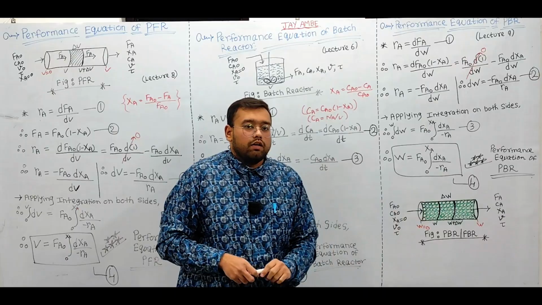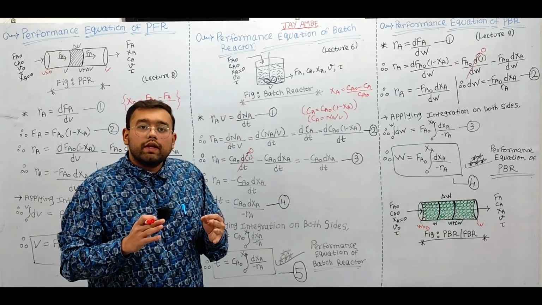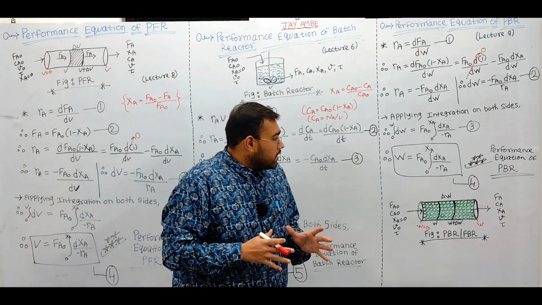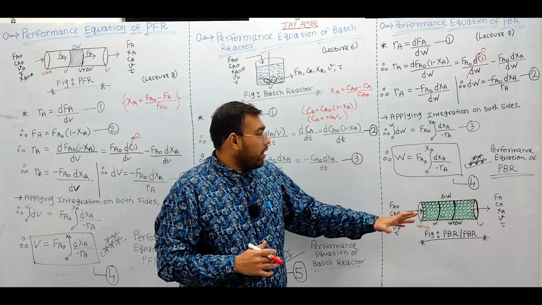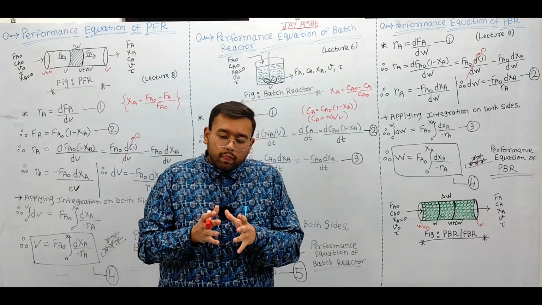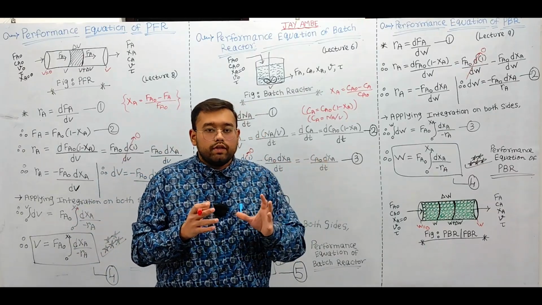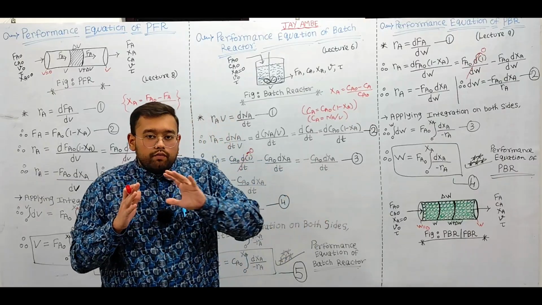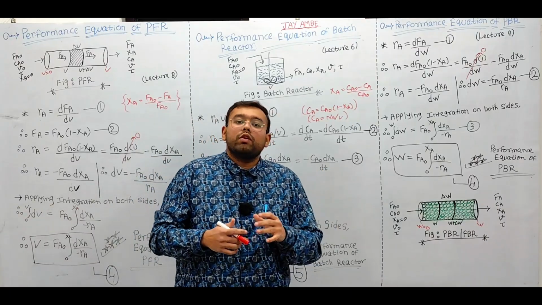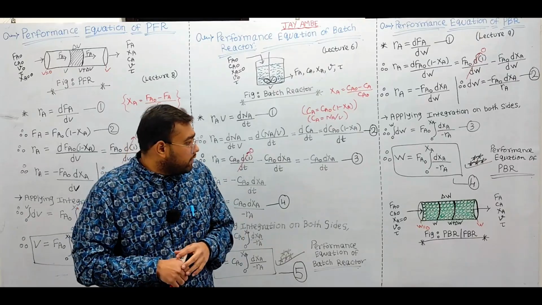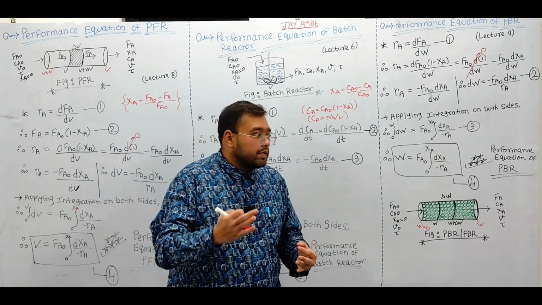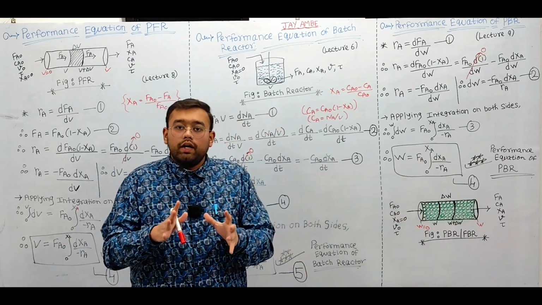By understanding the performance equation of the packed bed reactor, we can correlate reaction kinetics with reactor design. We can understand how much weight of catalyst is required to achieve the desired conversion of the reactants. We can see how the rate of reaction, the conversion, the pressure, the volumetric flow rates and the molar flow rates will vary with respect to the weight of the catalyst. By understanding the performance equation, we can correlate all these things.